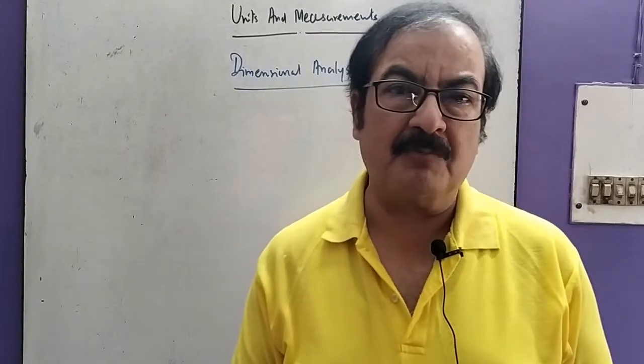That is the dimensional formula. All seven fundamental quantities are written in terms of certain symbols, and those symbols are slightly different from their corresponding physical symbols. They are almost the same, but a slight difference is there.